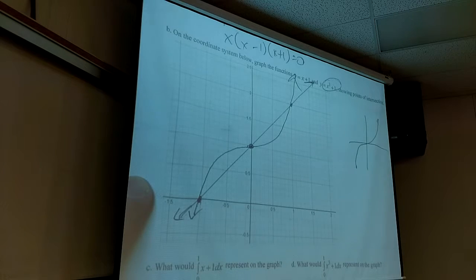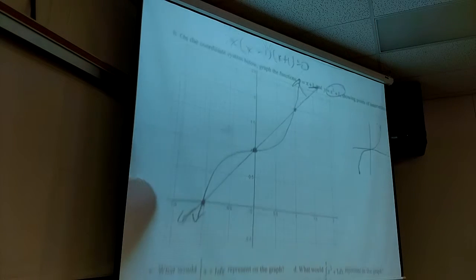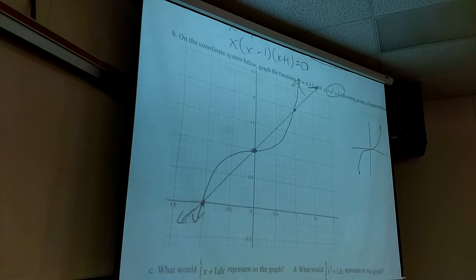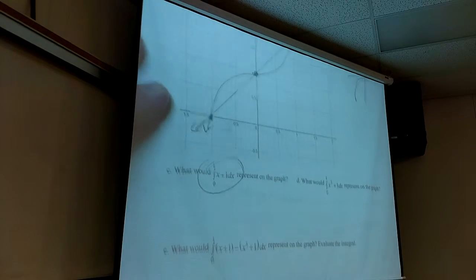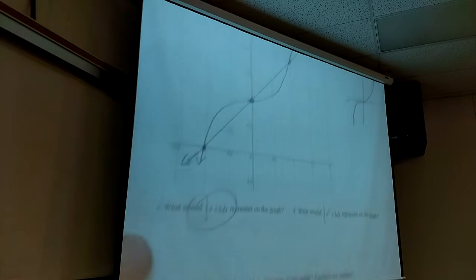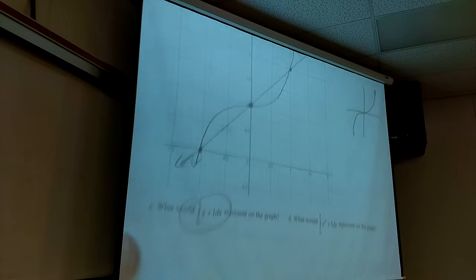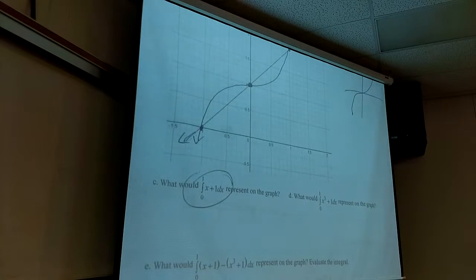I mean, this idea of being able to sketch rough sketches, but they show the important parts. And of course, part of what we're getting into is what are the important parts going to be? What would this represent? What does the integral of x plus 1 from 0 to 1 represent?